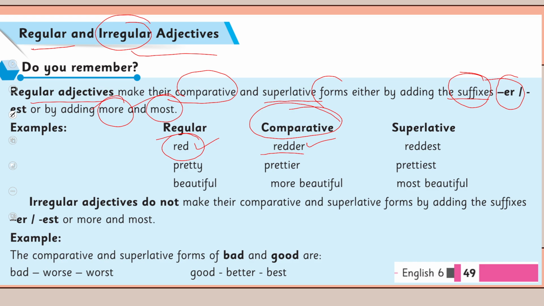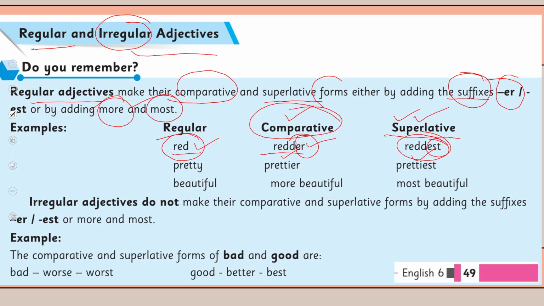And if you want to use even more degree, you can use the superlative degree, and it will be reddest. So what did we do? We added er for comparative degree and est for superlative degree. And you can notice that when we are doing them, the extra d adds. So it happens sometimes that you have to double the letter in order to add the er or est.